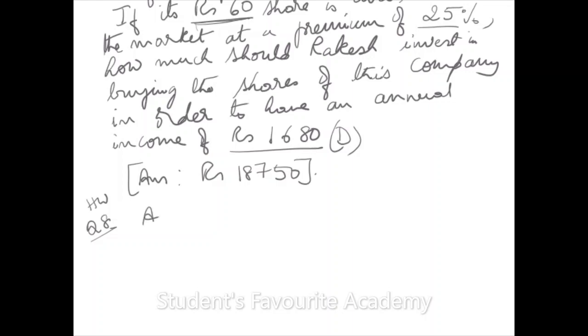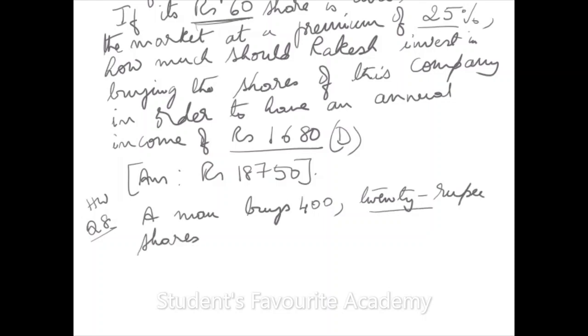A man buys 400, so number of shares is 400, 20 rupee shares. 20 rupee shares means what? Nominal value is rupees 20, at a premium of rupees 4.